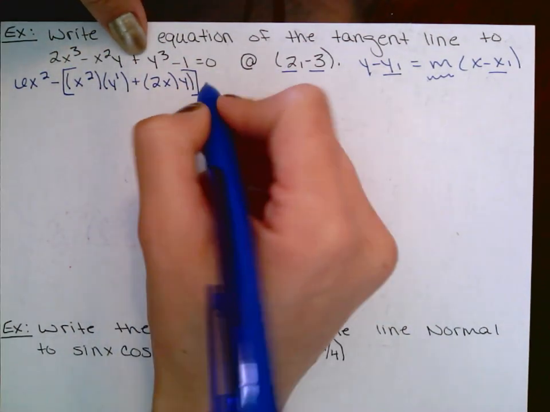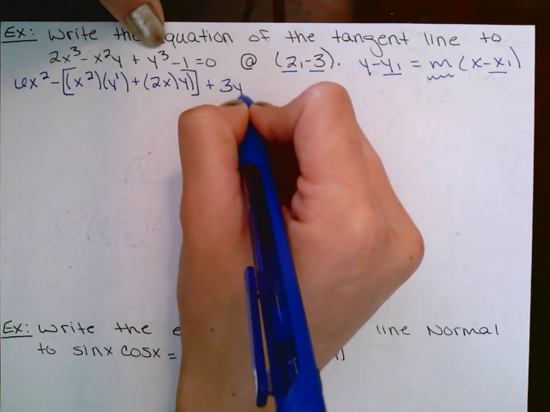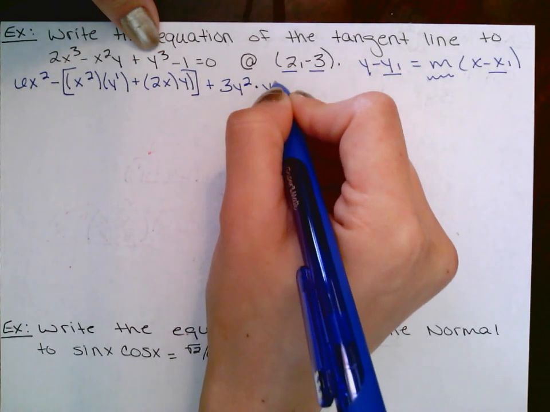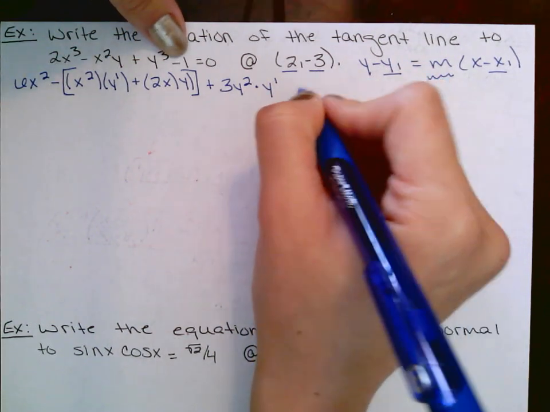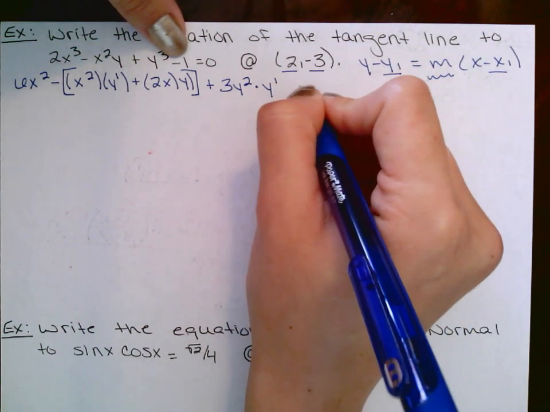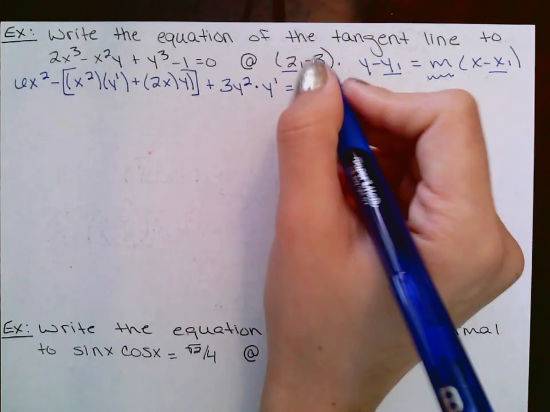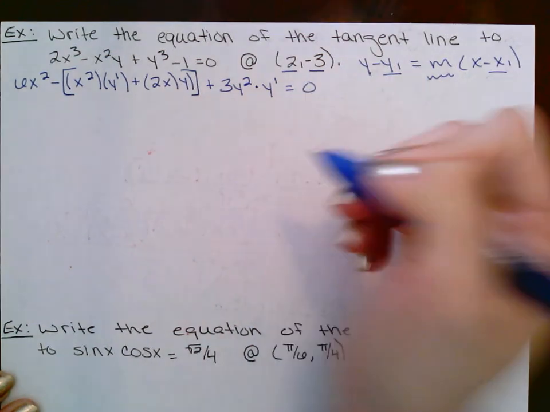Now I can move on to the next term. Plus, derivative here is 3y squared. But because it's with respect to x, I have to do implicit. And then minus 1, derivative of a constant, is just 0, equals 0. Okay? Let's go ahead and do the short version where we plug in the 2 and the negative 3 next into our x's and y's.